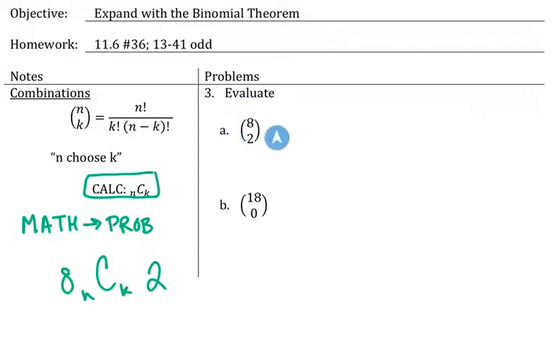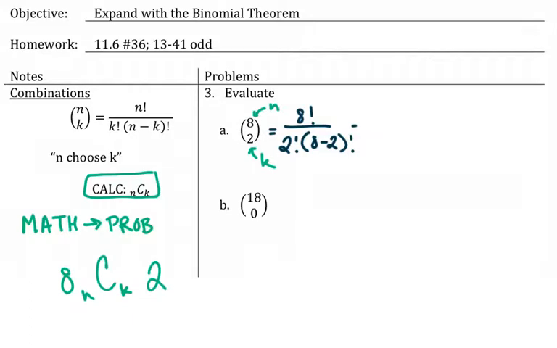So here, we read this as 8 choose 2, and we can just plug this into our formula, where 8 is our n and 2 is our k. This tells us the number of ways to make a pair, to choose 2 out of a sample set of 8. So it's 8 factorial over 2 factorial times n minus k factorial, so 8 minus 2 factorial.